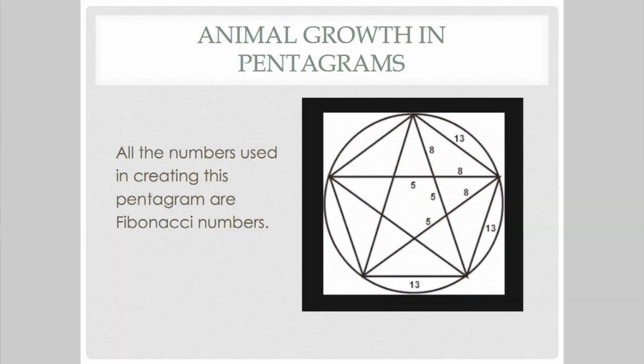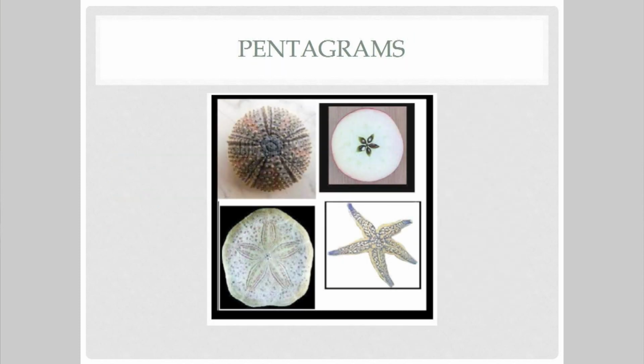With this basic understanding of Fibonacci and the golden mean, let's look at these concepts as they can be seen to create shapes. Here is a pentagram showing the internal Fibonacci relationships. Again, all of the numbers are Fibonacci, the 5, the 8, the 13, to create this perfect pentagram. Pentagrams can be seen in sea urchins, the carpels in a transversely cut apple, a sand dollar, a starfish.